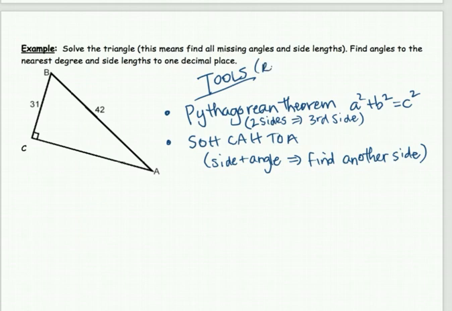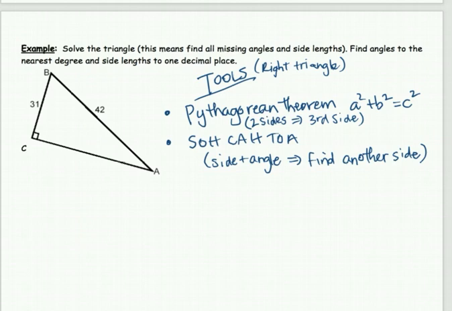Remember, this is for right triangles, so you have to have a 90-degree angle in the triangle. For Sohcahtoa, that's sine, cosine, tangent, if you have a side and an angle, you can find another side.